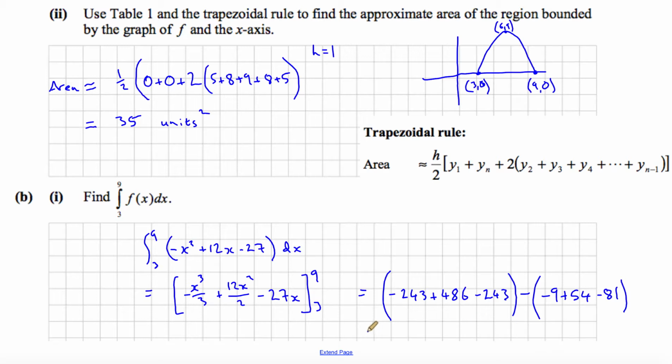Okay, so now I can put all of this into the calculator in one go, and that gives me an answer of 36. So there, I've integrated the function now with respect to x, and the answer is 36. That's B part 1 finished.